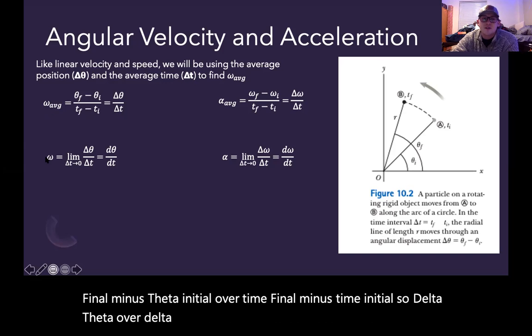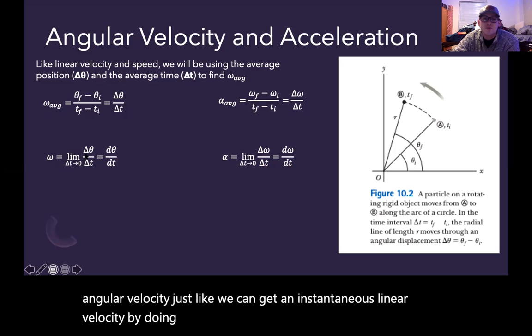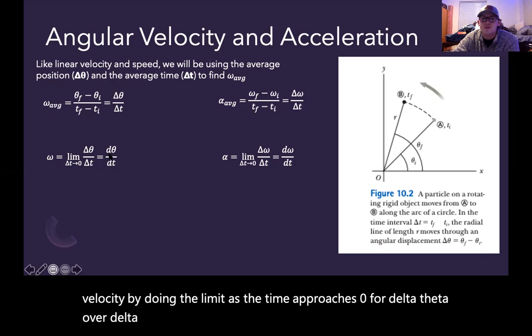We can also get an instantaneous angular velocity, just like an instantaneous linear velocity, by taking the limit as delta t approaches 0 of delta theta over delta t, or just the time derivative of theta.